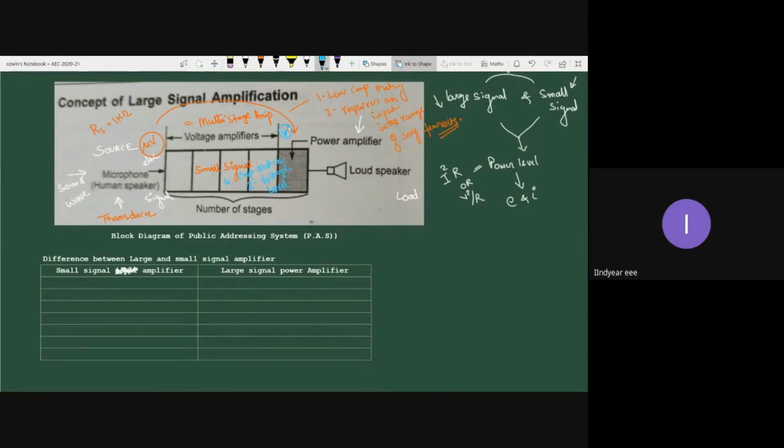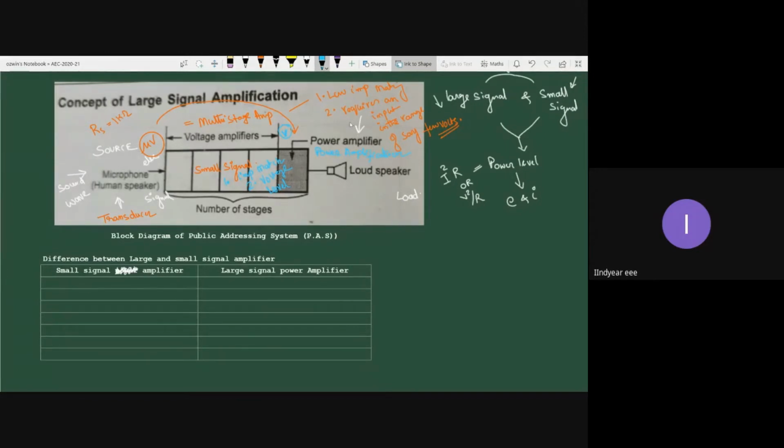Once you give this amplified signal, the power amplifier achieves power amplification. Remember one thing, the power amplifier will never amplify the voltage. The amplification of voltage is done by the multi-stage amplifier.